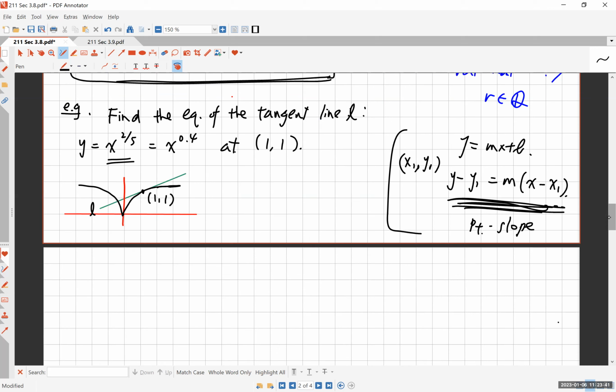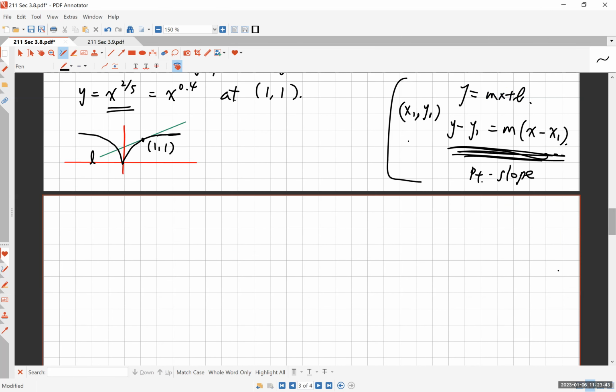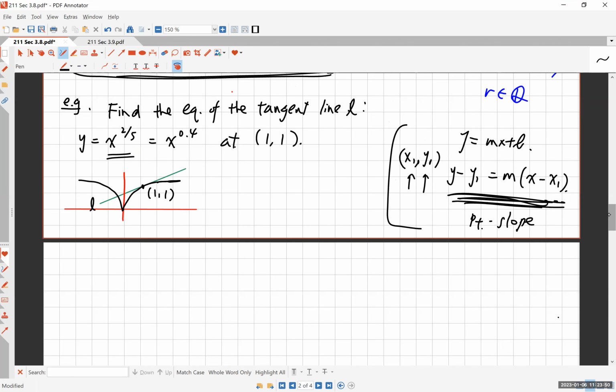All right, so how do you do that? By the way, here, this is 1 and this is 1. The point (1, 1) is given as a point on the graph where the tangent line touches, and we are to find the slope of this first. So the slope, y prime. This is really easy. Take that exponent times x to the new exponent, which is 2/5 minus 1, so that would be negative 3/5.